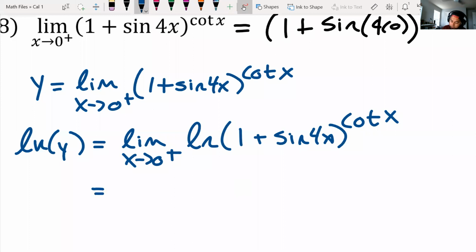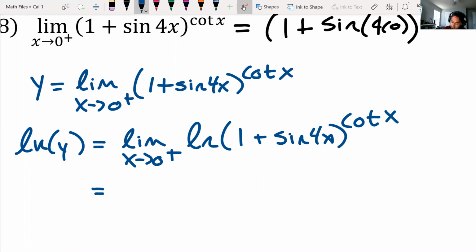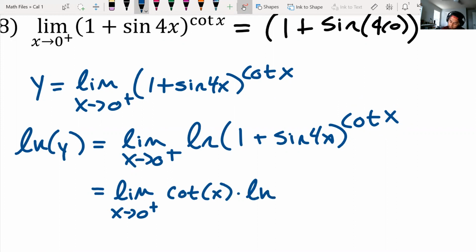So this will become, by the rules of logs, the power rule for logs, remember that the power will come down in front of the natural log. So you're going to get the limit as x approaches 0 from the right of cotangent x times the natural log of 1 plus the sine of 4x.